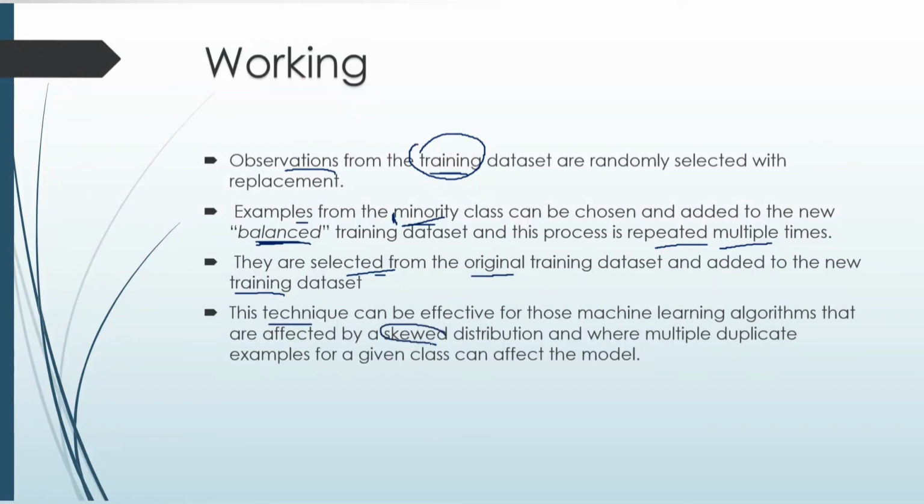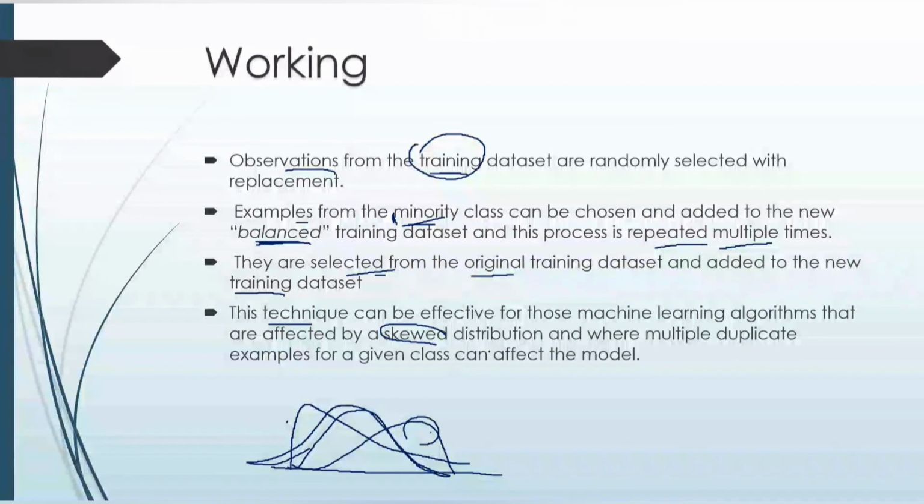Skewed distribution, you know that many machine learning algorithms will be biased towards one class if there is skewed distribution. Skewed distribution can be positive, can be negative. So we want normal distribution, so our model will not be affected by any of the classes, either positive or negative.